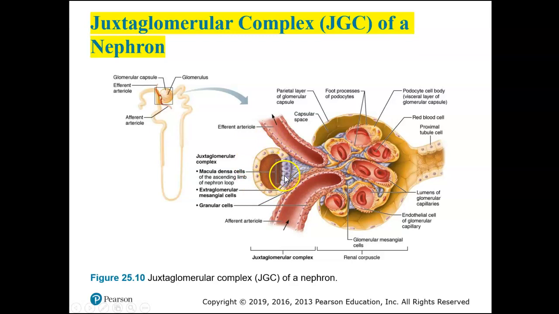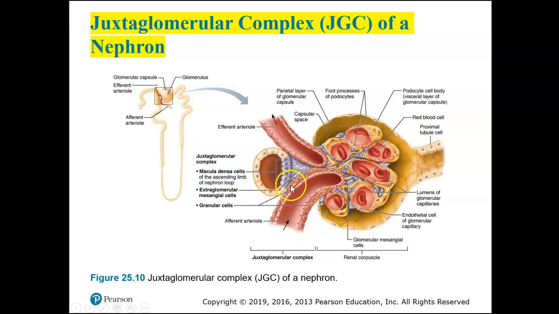And these cells are macula densa cells. They're actually cells of the nephron loop that come in contact here with the afferent arteriole and the efferent. So these are macula densa cells, and then these cells are, it says, extraglomerular mesangial cells.